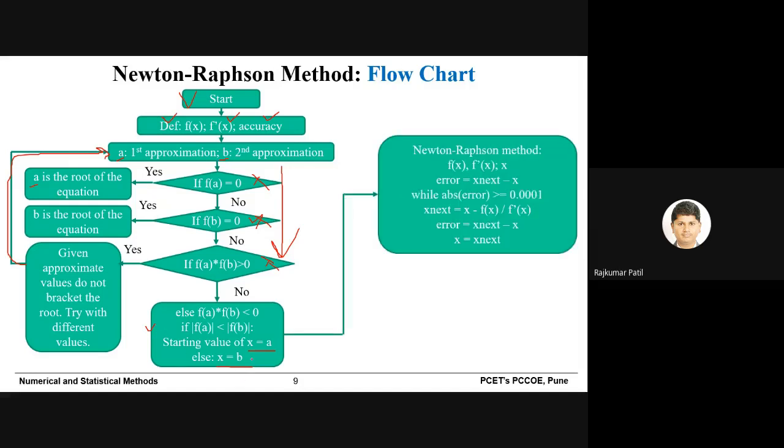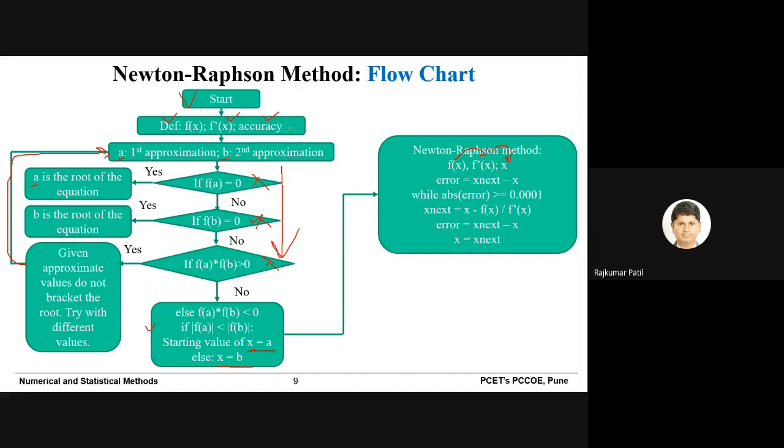Now we have the initial approximation x, which may be either a or b. Now we enter the Newton-Raphson loop, and we know that for using the Newton-Raphson method we need 3 initial values: f of x, which will be given to you, from that you can calculate f dash of x, and the initial value that we just calculated, that is x.